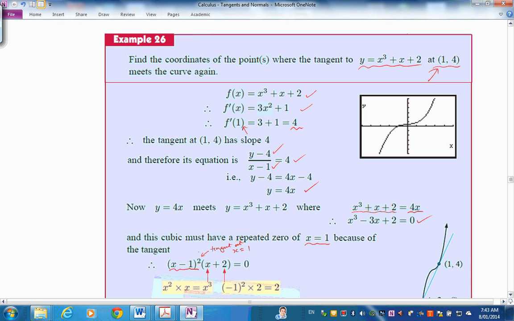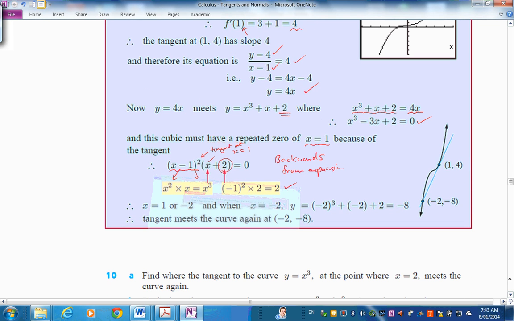If you expand this, the highest power would be x squared, so this term would be x. And if you expanded this, the answer would be 1, and you need a 2 down the end. So here that would be a 2. So you're working it out backwards from expansion, working out that that number is a 2. So it's going to be at x = -2.